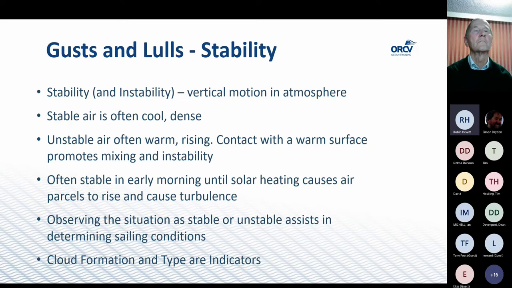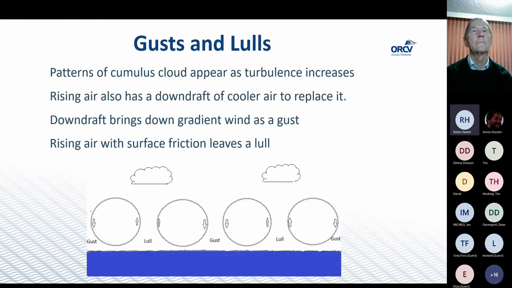And as it does, it mixes and causes instability. Instability meaning that there is vertical motion with the air. And the cloud formation and type are indicators. Now let's consider some clouds.